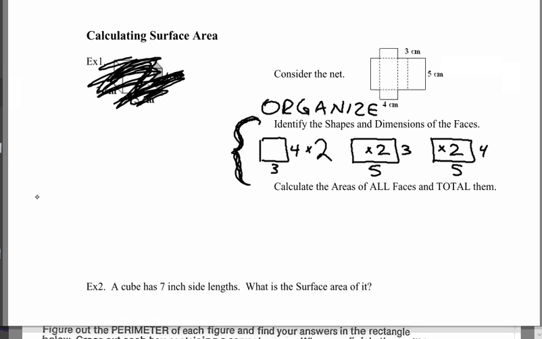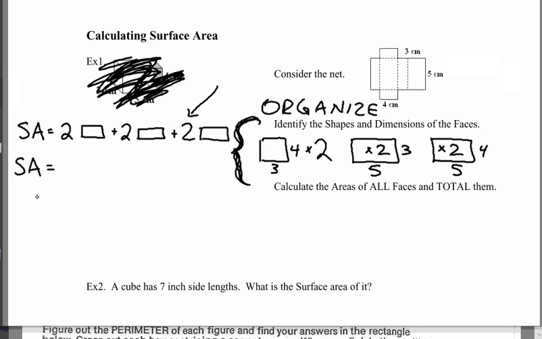So what do we have for surface area? Again, I like to think in terms of words. I have 2 rectangles, 2 different rectangles, and 2 more rectangles. This is not necessary, but it's a nice organization step. What you do have to put is, I do expect to see a single equation for the calculation that's going to be done.